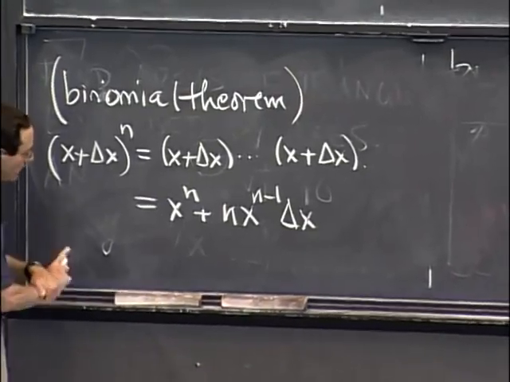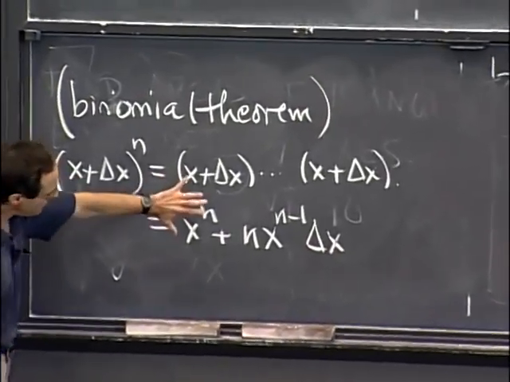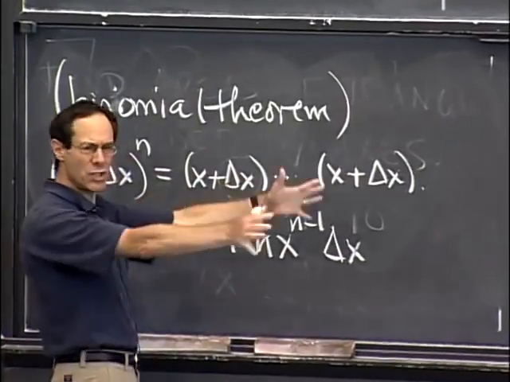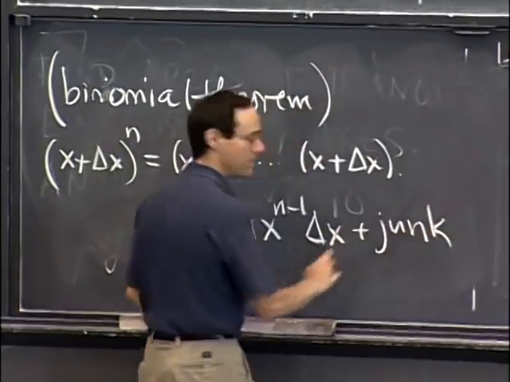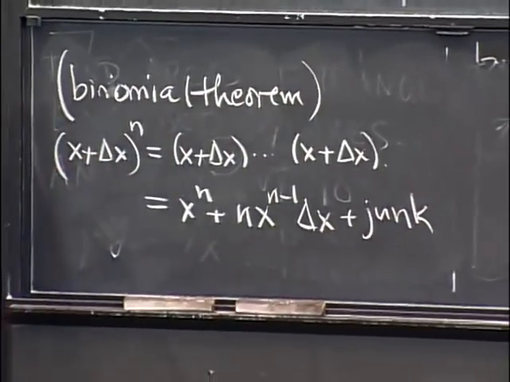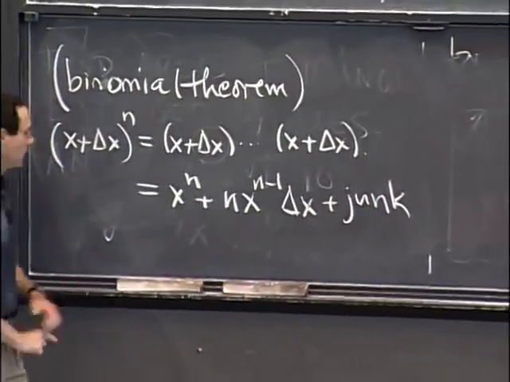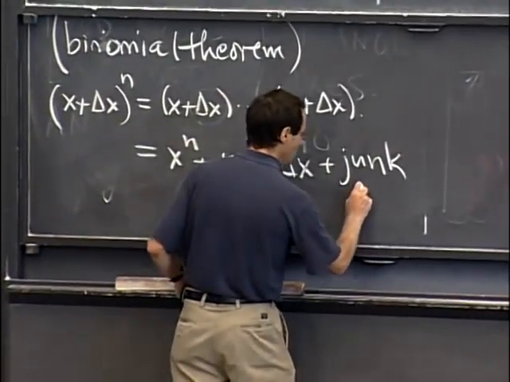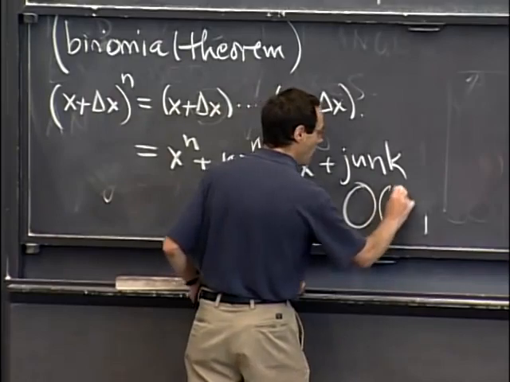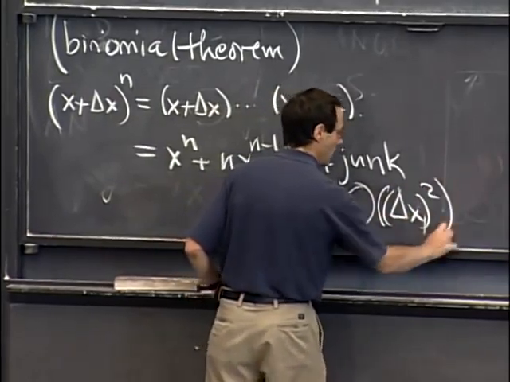And now the great thing is that with this alone, all the rest of the terms are junk that we won't have to worry about. So to be more specific, the junk, there's a very careful notation for the junk. The junk is what's called big O of delta x squared.